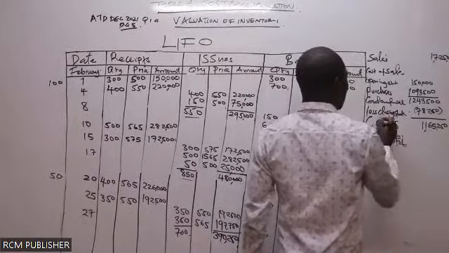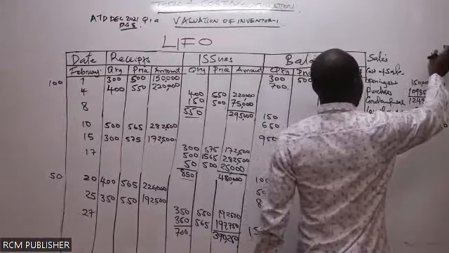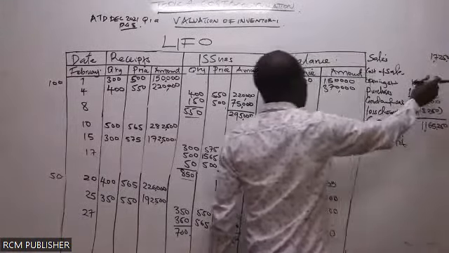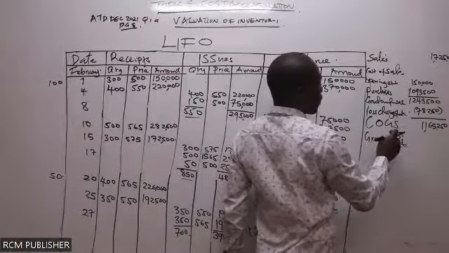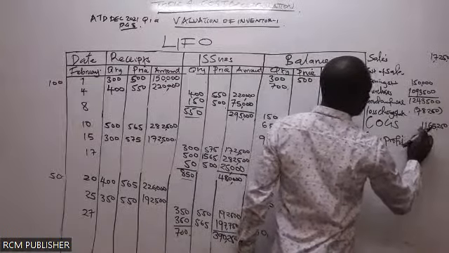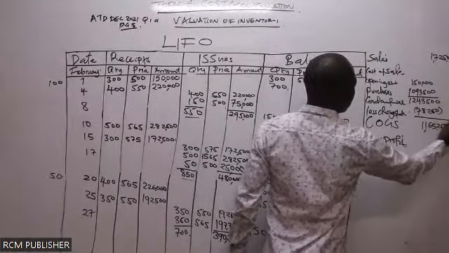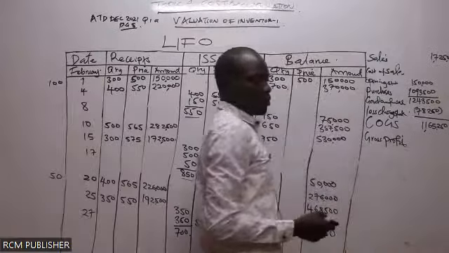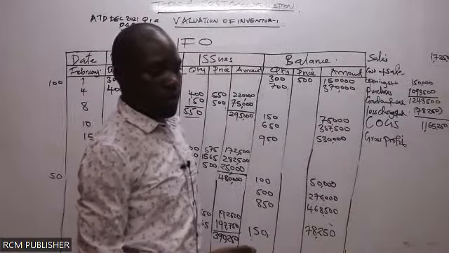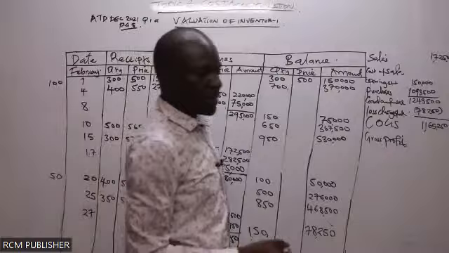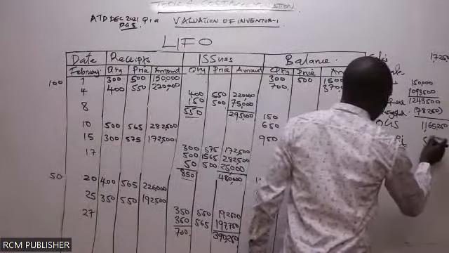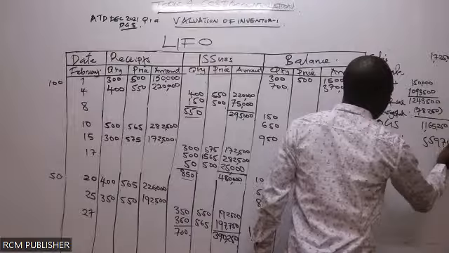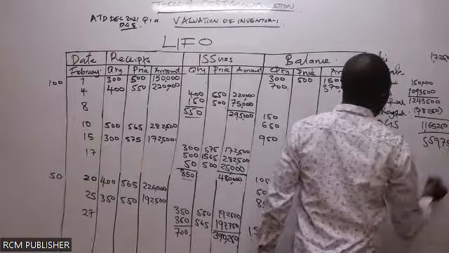That is the cost of goods sold. When I subtract that from the sales, sales minus cost of goods sold should be able to give me gross profit. So what's our gross profit? 559,750. That is our gross profit.